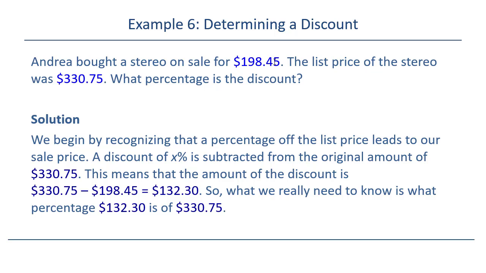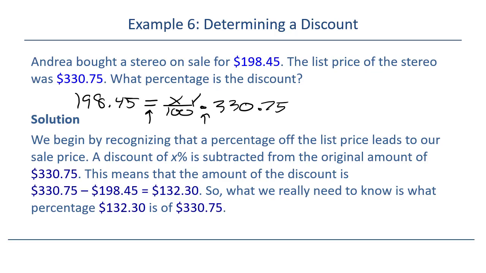Or you can do some simple translation, right? 198.45 is what percent of 330.75? The word "is" is always going to be equals. "Of" is always multiplication. "Percent" always means divide by 100. So you're basically asking the question, this much is what percent of the original price?